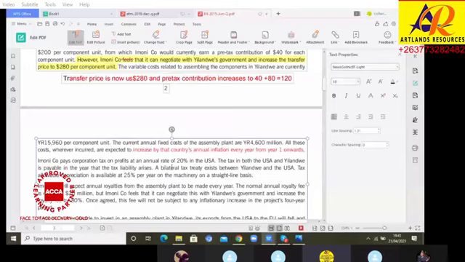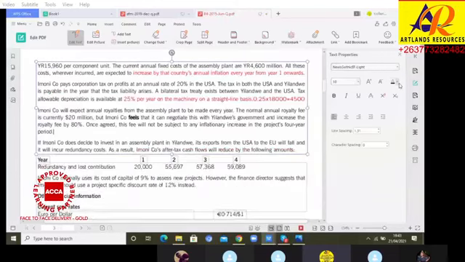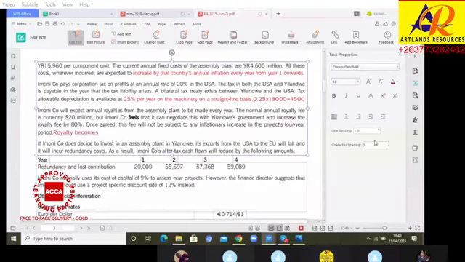Royalties are now 36, and they are saying once agreed, this royalty will not be subject to any inflationary increase in the project's 4-year period. So the royalty is not expected to increase, so that would be fine. Then, if Imoni does decide to invest in the assembly plant, its exports to the EU will fall.